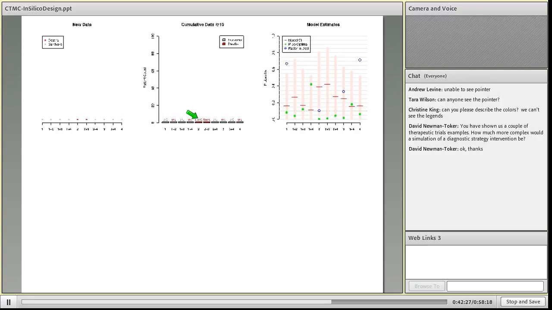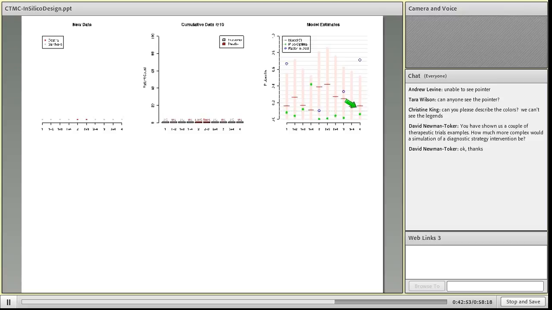Over here on the right is for each of the arms, the estimated probability of success is the blue line. The height of the bars is the confidence interval. You can see there's huge error here. We've got 10 total patients. The green dot is the probability that that arm is the optimal arm in the trial.